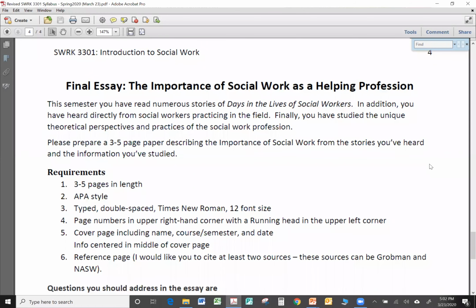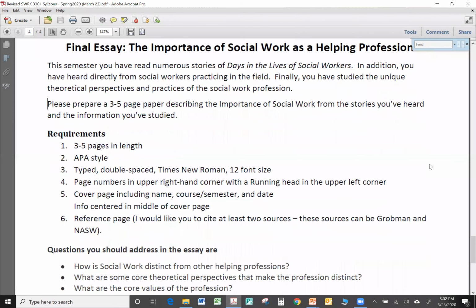Why is social work important as a profession? I think we've talked in class a bit about some of the uniqueness. For example, the person and environment, which I've been expressing to you is an important piece of social work, advocacy, social justice.